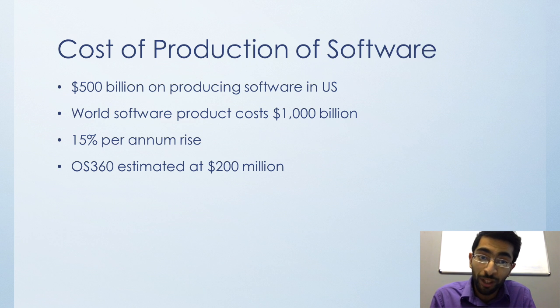This amounts to just 1% of the gross national product. The estimated figure for the world is 1,000 billion being spent each year on software production. These figures are set to rise by about 15% per annum.